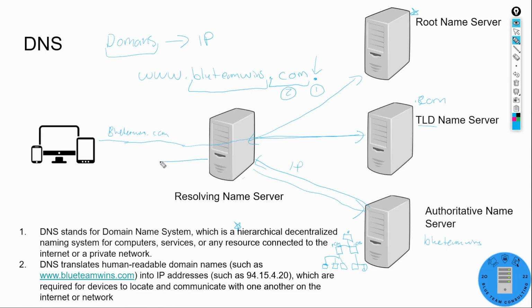Then it will come back to me and route my URL to my computer to whatever IP address Blue Team Wins is resolved to, whatever public IP address my domain that I have purchased has statically assigned to it. So it's the process of going out.